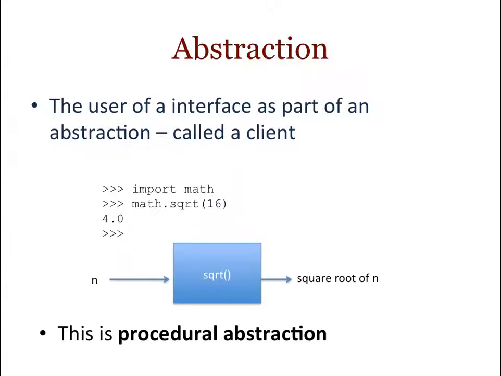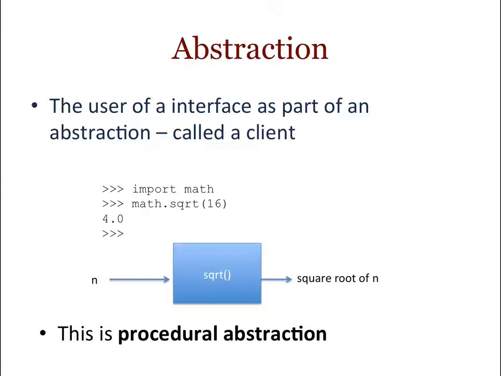So here's an example of an interface that's part of Python, and this is similar to what in Java or C++ you had as functions. You could call a function to give you the square root. So here in Python, you can call a function to give the square root of 16, and it prints out the result. So somewhere someone has written this function which has computer code inside of it.